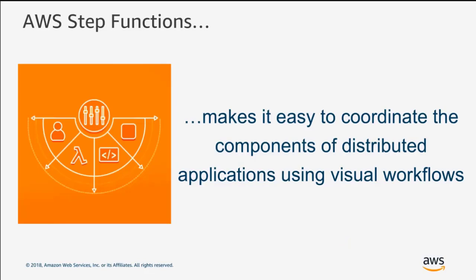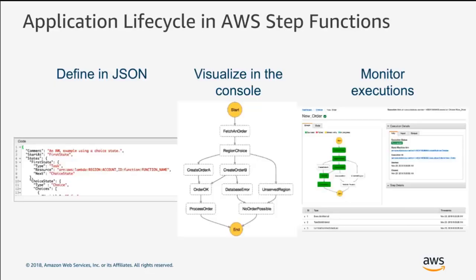AWS Step Functions goes a step further and makes it easy to coordinate the components of a distributed application using visual workflows. It is a good way to define and visualize in the console how the job should execute, especially given different conditions that are placed during the job execution cycle, and then monitor the actual execution of the job as it goes.